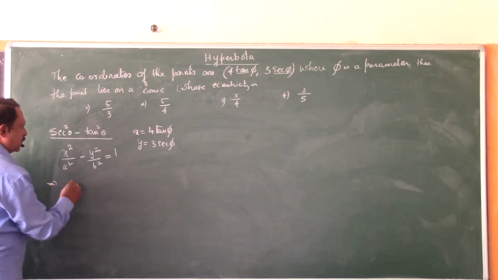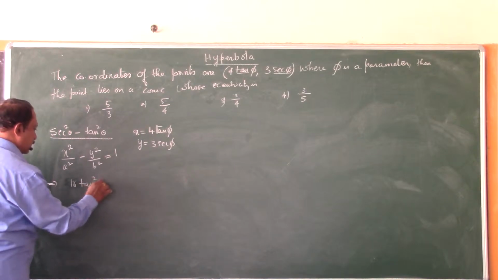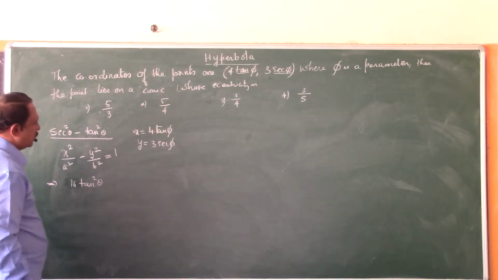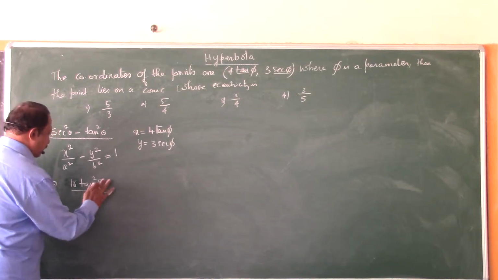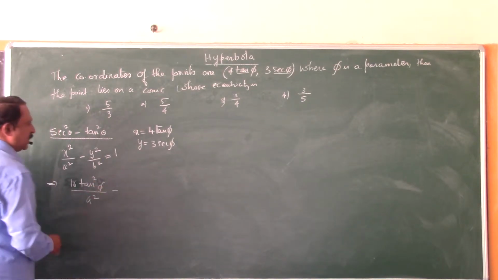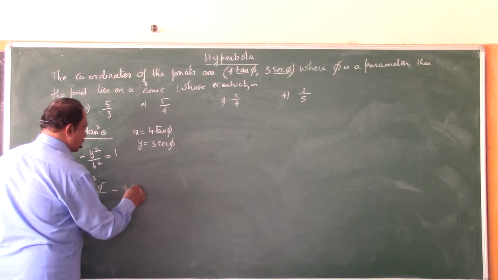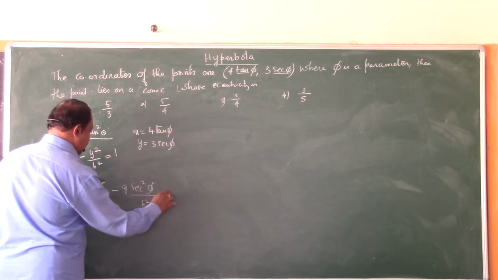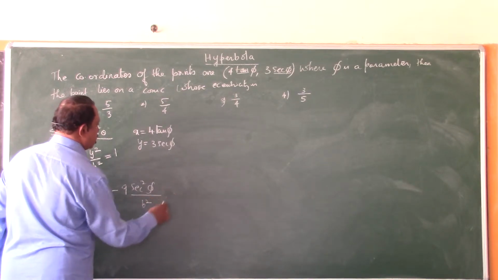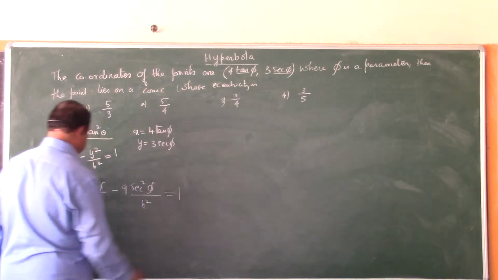So this implies 16 tan square phi by a square minus 9 secant square phi divided by b square is equal to 1.